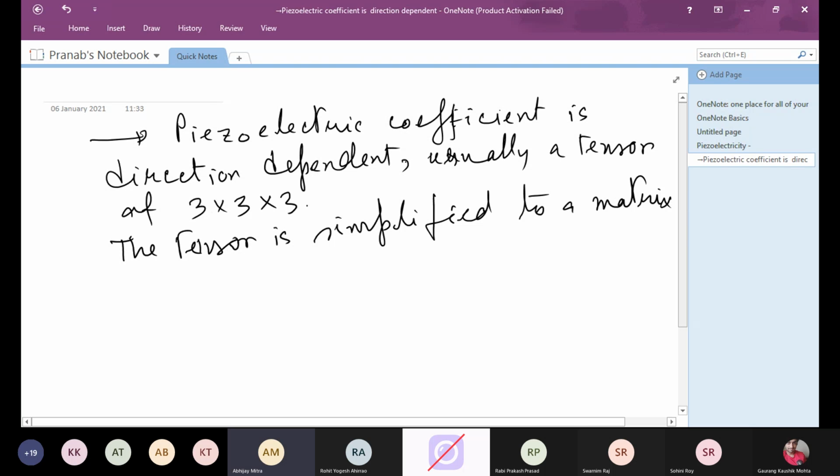However, because the stress definition is simplified, not usually done in 3 dimensions, we will see that usually D comes as a matrix, though by definition it should be a tensor. The tensor is simplified to a matrix using the common formalism of stress.